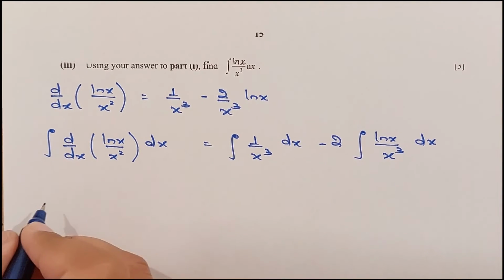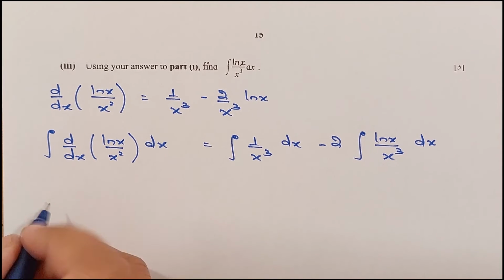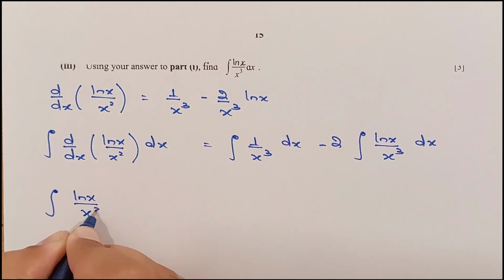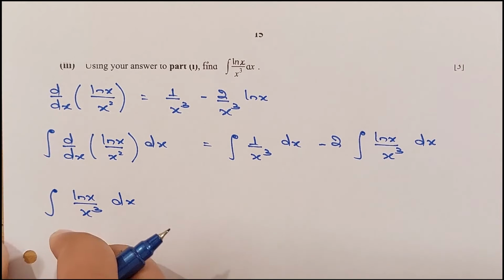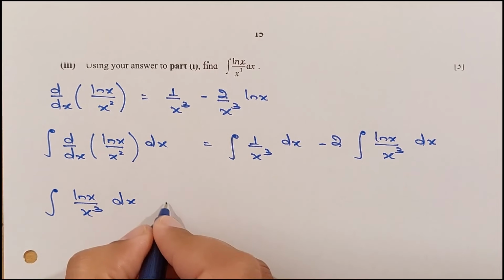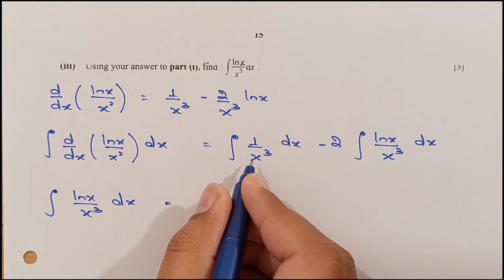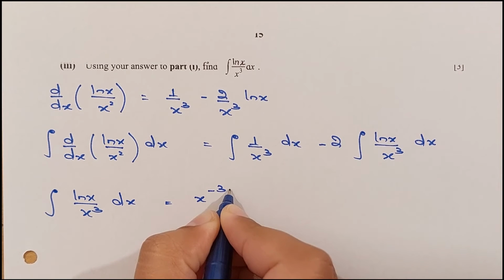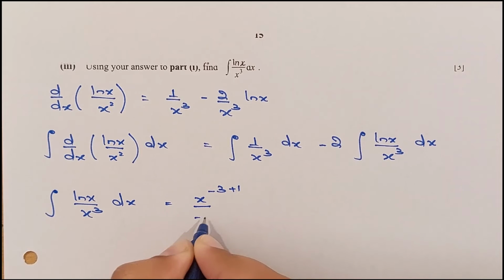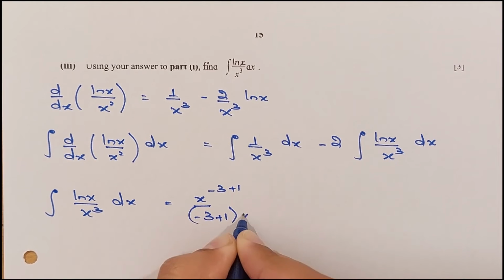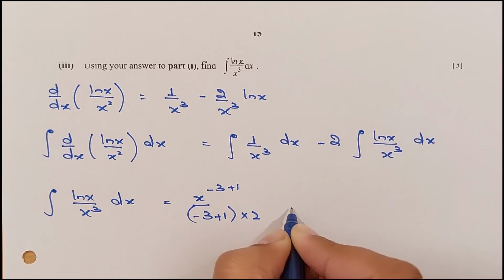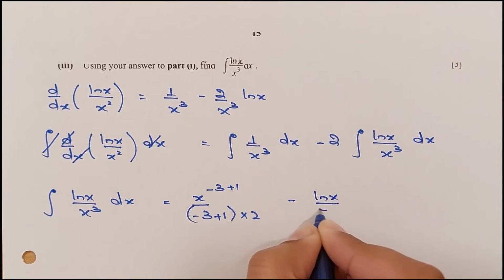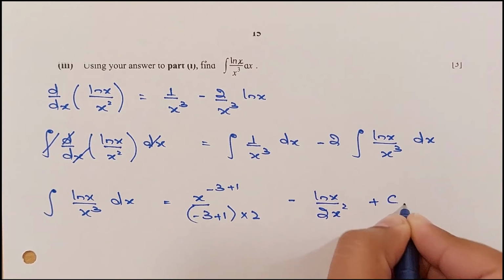Shifting this term to the other side. So we can say that the integration of ln of x over x cube dx, I just shift this term to the left and then we will divide by 2, equals the integration of 1 by x cube, which is x power minus 3 plus 1 over minus 3 plus 1, and then divided by 2, times by 2, and we have to subtract. The derivative and integration cancel, leaving ln of x divided by 2x square plus some constant of integration.